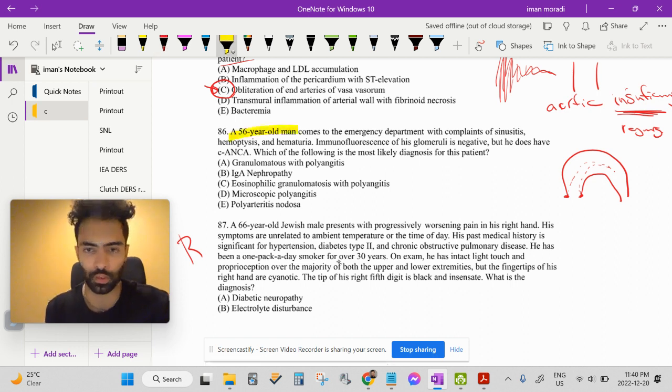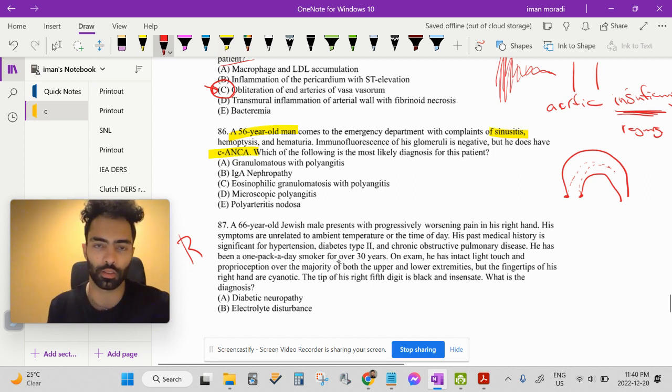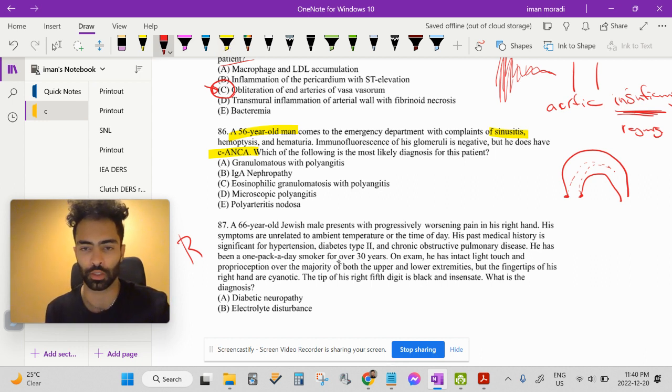So, a 56-year-old man, sinusitis, boom. First of all, it's a cANCA. So I'm gonna quote my favorite person ever, the Pathoma guy. Wegener, think of it as Wegener, and the C basically clues you into cANCA.